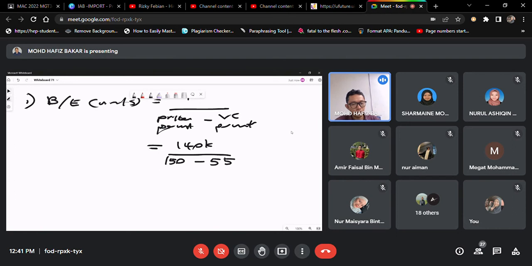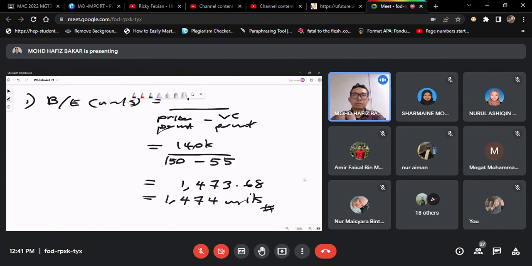So 140,000 divided by 95 equals 1473.68. There is a decimal here, and they can't sell a fraction of a shoe, so just round up the figure to 1474 units.